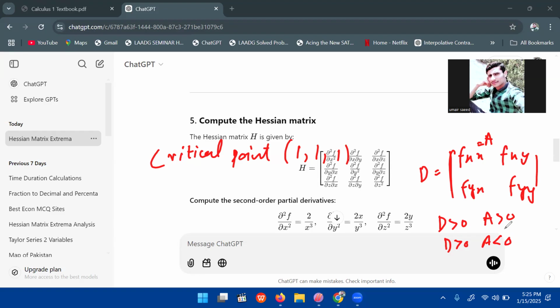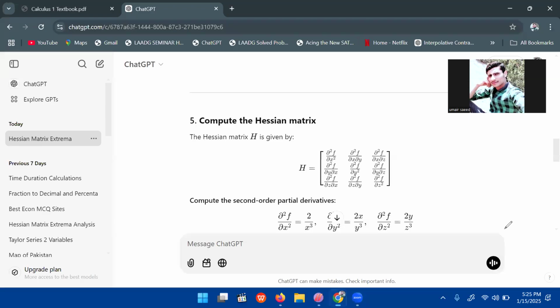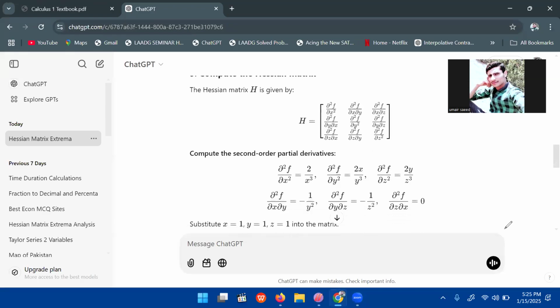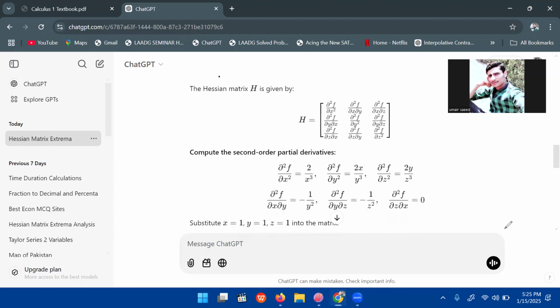In a similar pattern, for the third order matrix, or for the function of three variables x, y, z, we have this matrix. It is in the form of a Hessian matrix, in this form. Here we have fxx, then fxy, then fxz. Then we have fyx, then fyy, and then fyz.